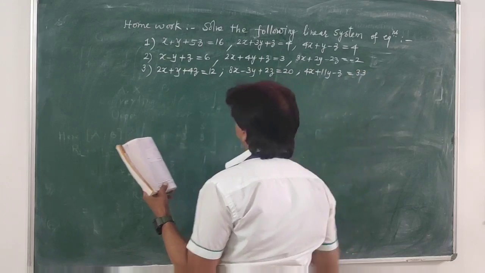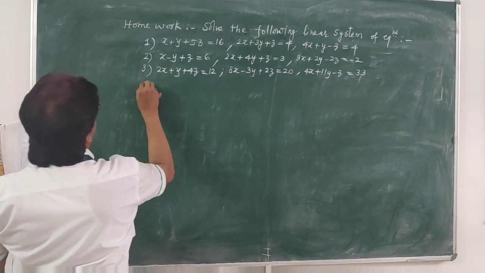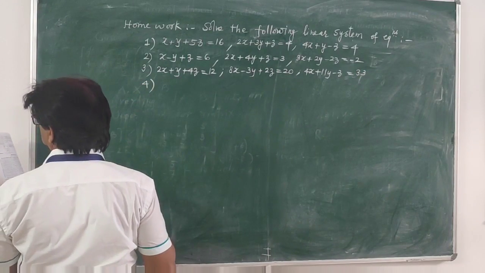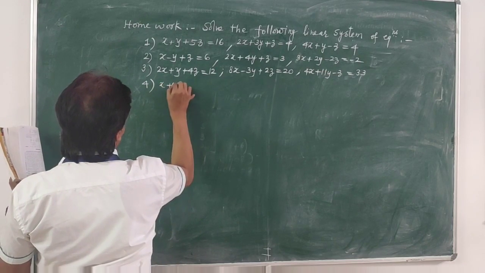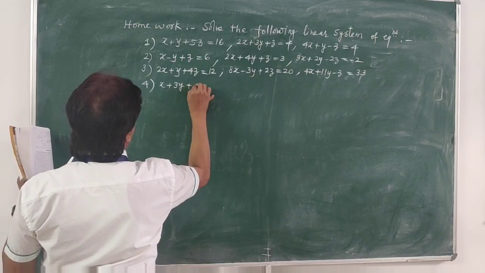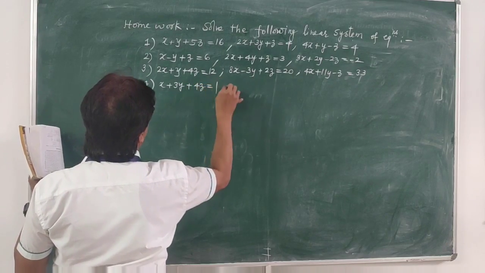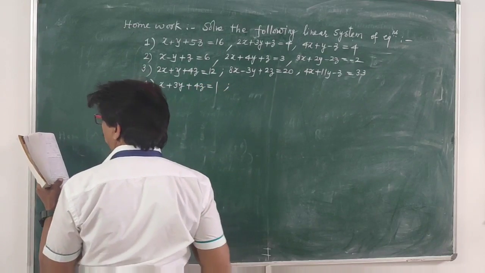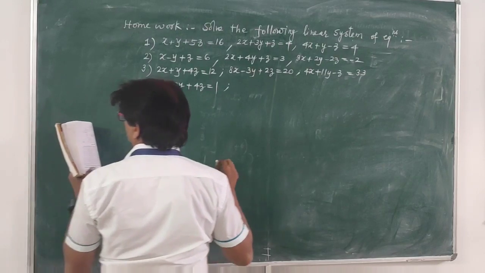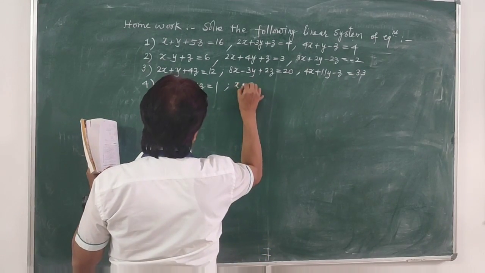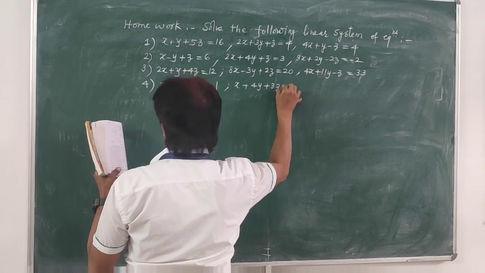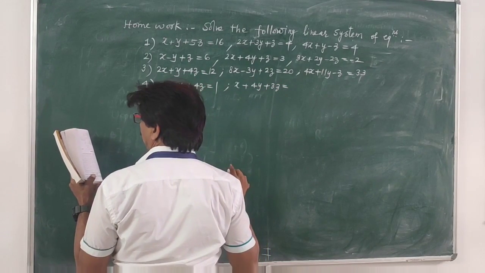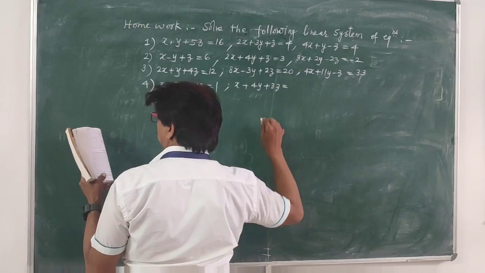And the last example is x plus 3y plus 4z is 1, x plus 4y plus 3z is minus 2.